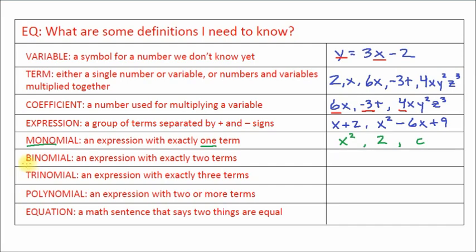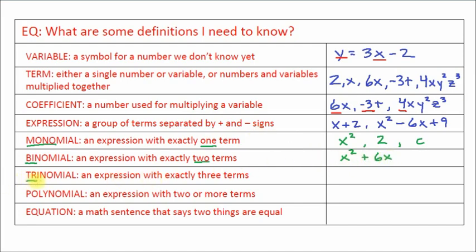Okay, binomial. Bi, like bicycle, that stands for 2. So an expression with exactly 2 terms. A good example would be x squared plus 6x. You can see here you've got 2 terms that are connected with a plus or a minus sign. That is a binomial, meaning 2.